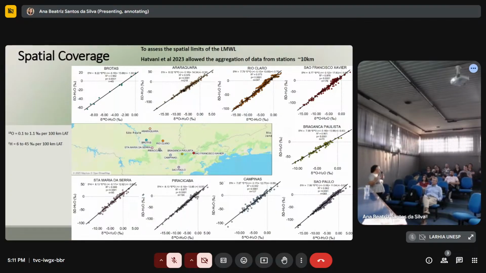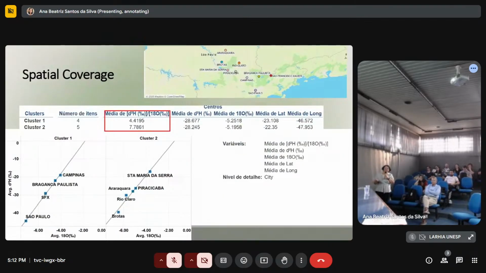In the Mediterranean area, they decided 10 kilometers was enough that they could replace or use data from one station for another. But Brazil is, I think, too big for only 10 kilometers. As you see here, we got more recent data, and we tried to assess how this spatial coverage could be aggregated in case one of these stations needs to stop or complement the data.